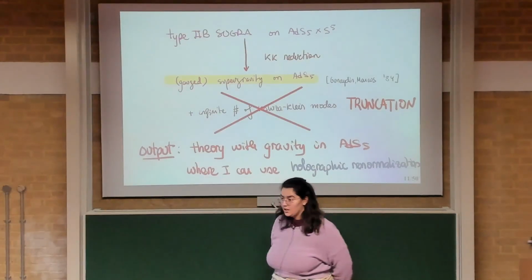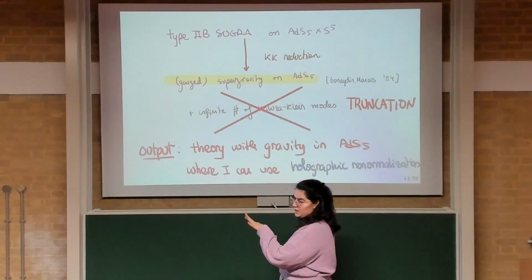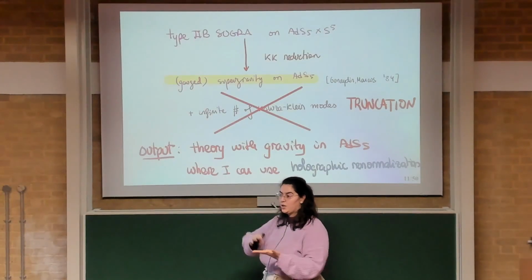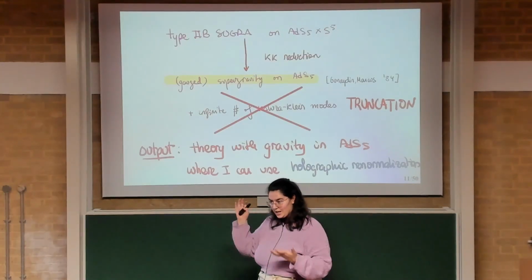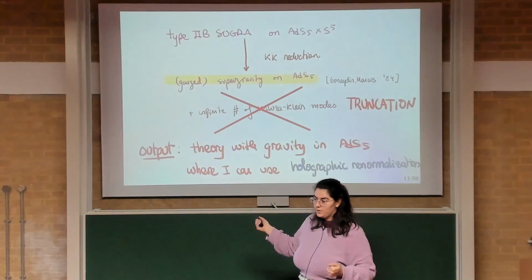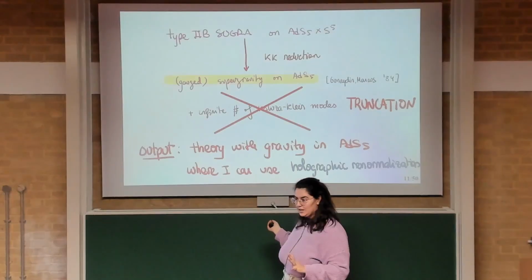Yes, I think that's exactly what I'm trying to convey, that we cannot just throw away these fields, but the way to compute correlation functions for these higher harmonics is not using the usual rules of holographic renormalization, but doing something a little bit more subtle.